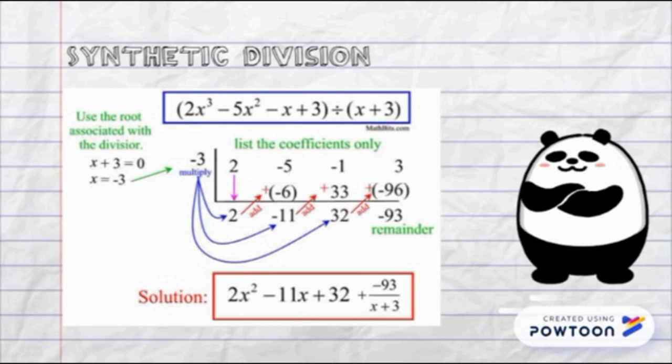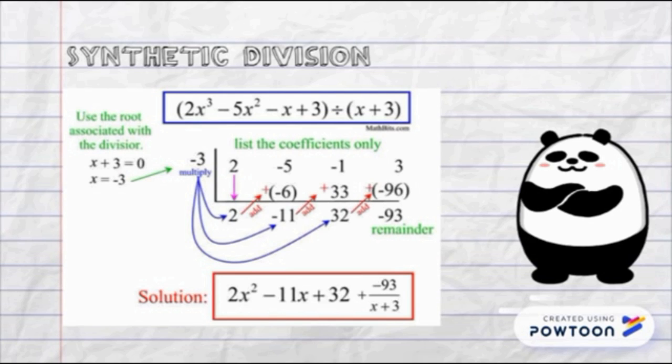So first, we always gonna bring down the first term as it is. So for example, we have the 2, so we're gonna bring it down as it is, 2. Then our second step will be to multiply numbers.